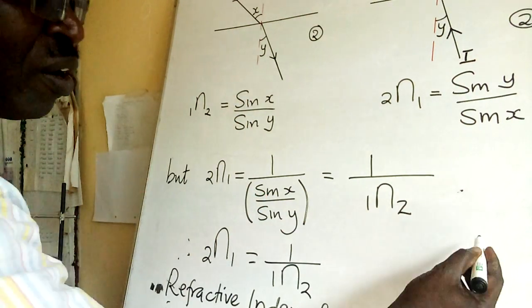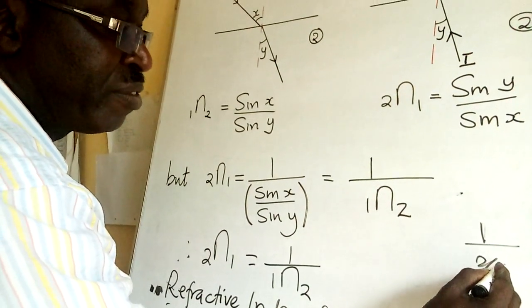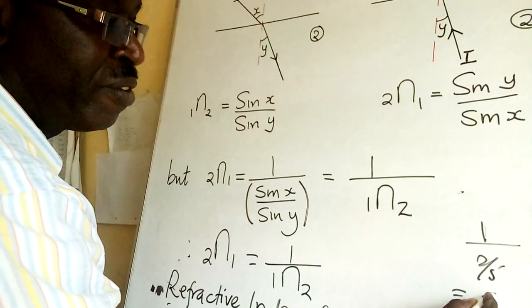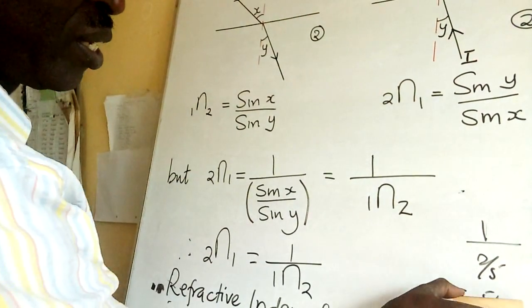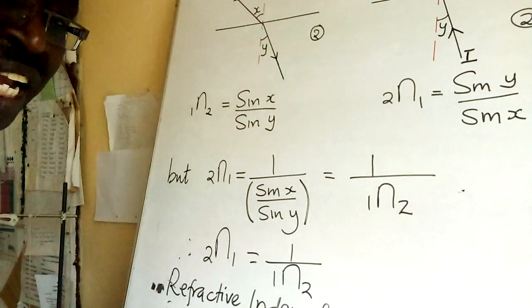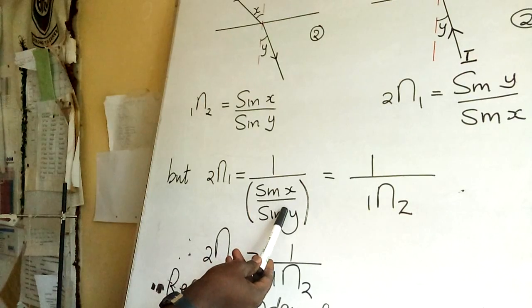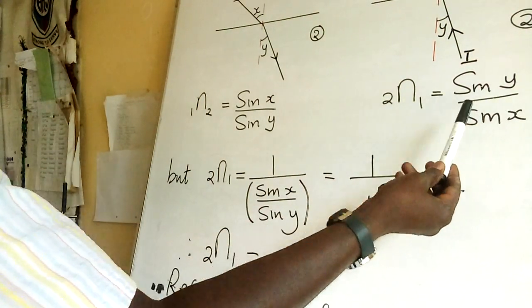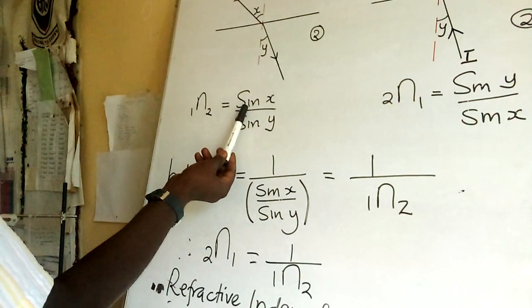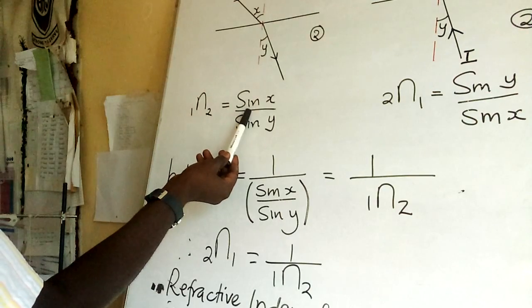It's like if you have 1 over 2 over 5, it's the same as 5 over 2. So we are getting a relationship here. 1 over this gives me this fraction, and this is the original way of doing refractive index.